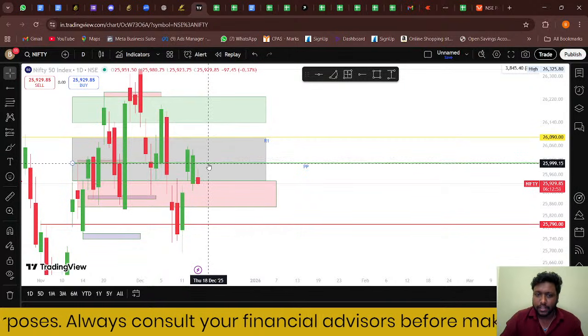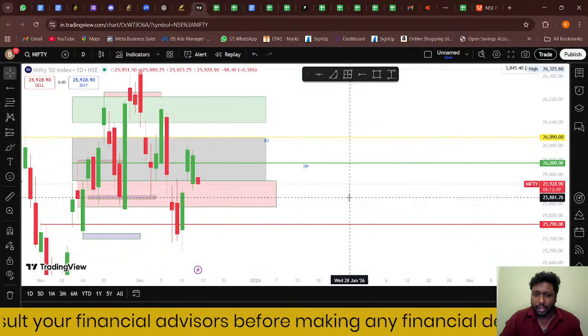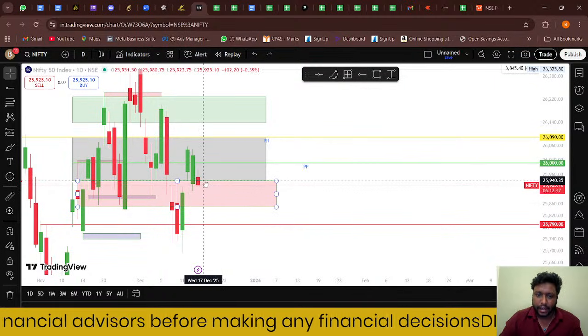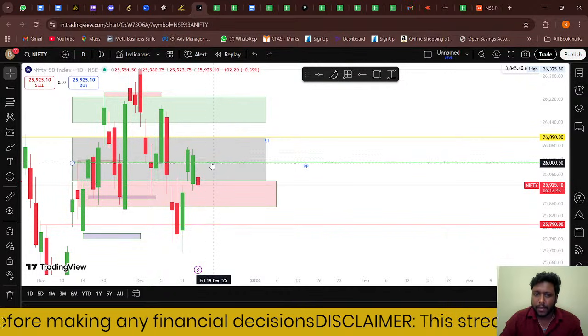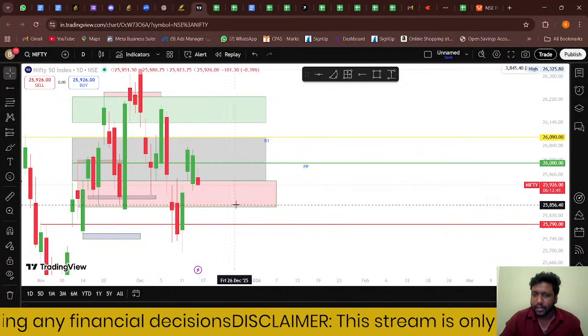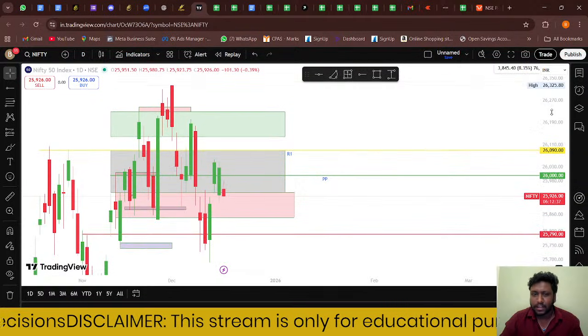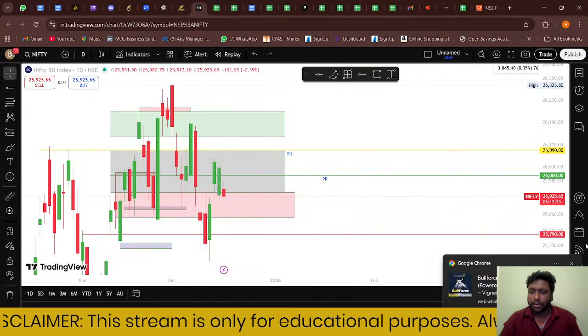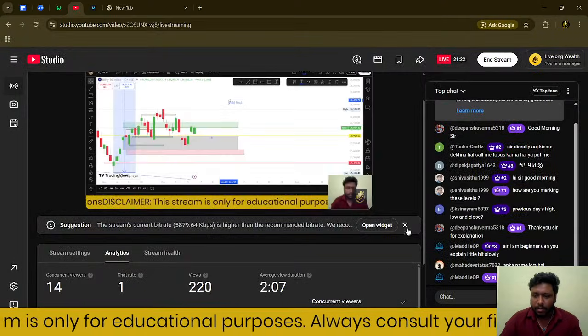As long as it is below this level, I'll have only a bearish mindset. So I can plan an entry from this level, or a retest to this level and a reversal. I use this pivot level as an entry, or as an SL point, or a partial booking area. This is how I utilize these levels.